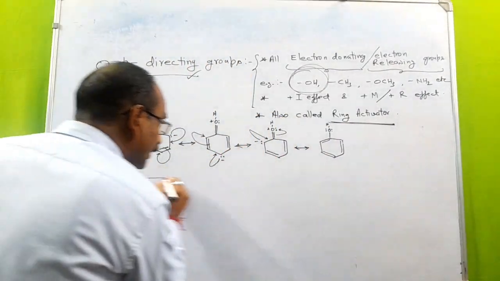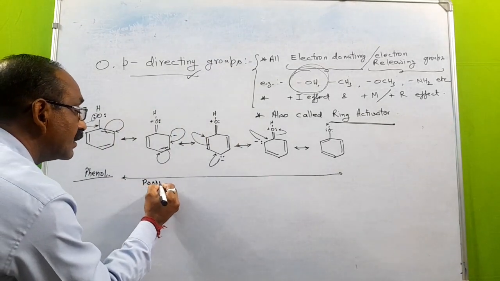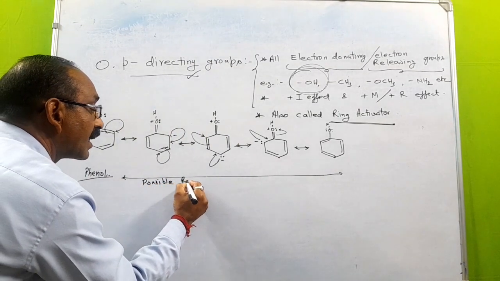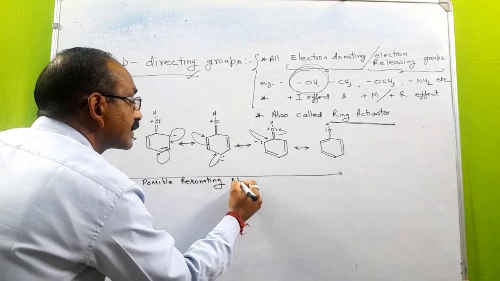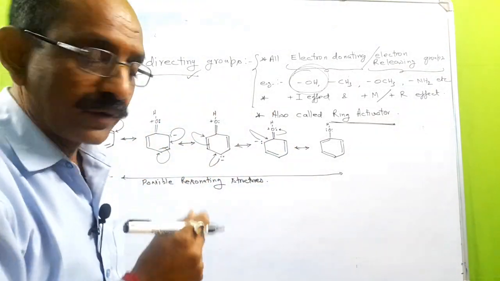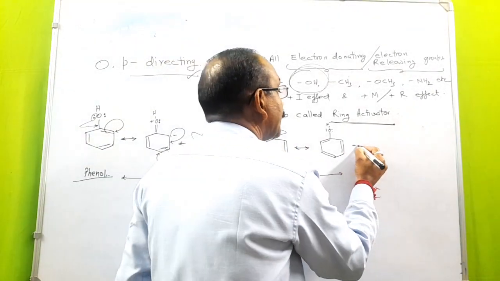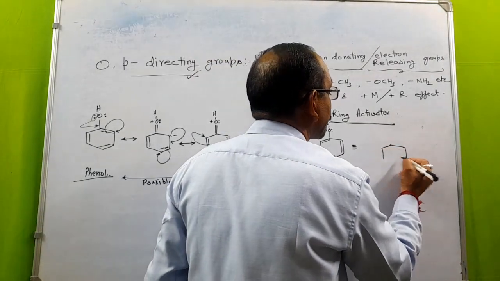These are the possible resonating structures for the phenol. The actual structure is none of these. The actual structure lies in between all these possible structures.